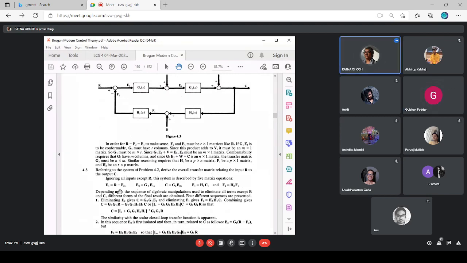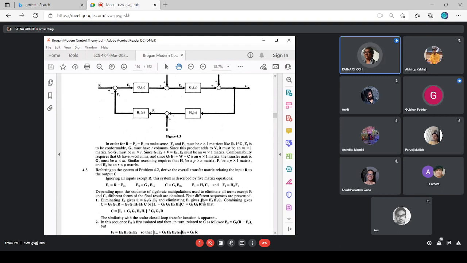So what we have are these relations. E1 is equal to R minus F2, E2 is equal to G1 E1, C is equal to G2 E2, F1 is equal to H1 C, F2 is equal to H2 F1. So C was G2 E2, and in place of E2, what can you write? E2 is G1 E1. So C is equal to G2 G1 E1.